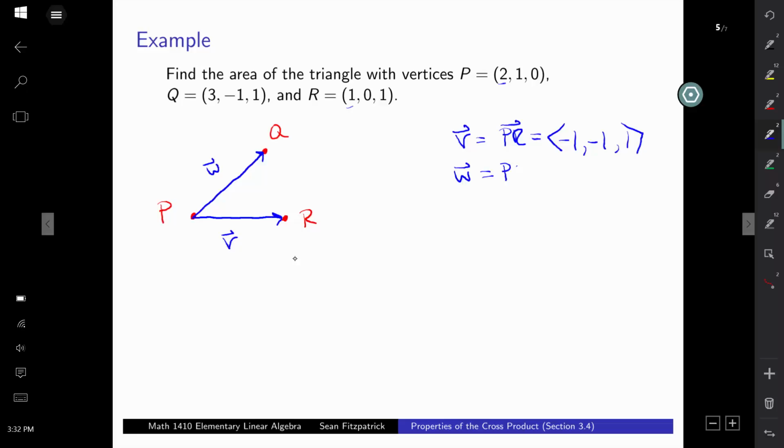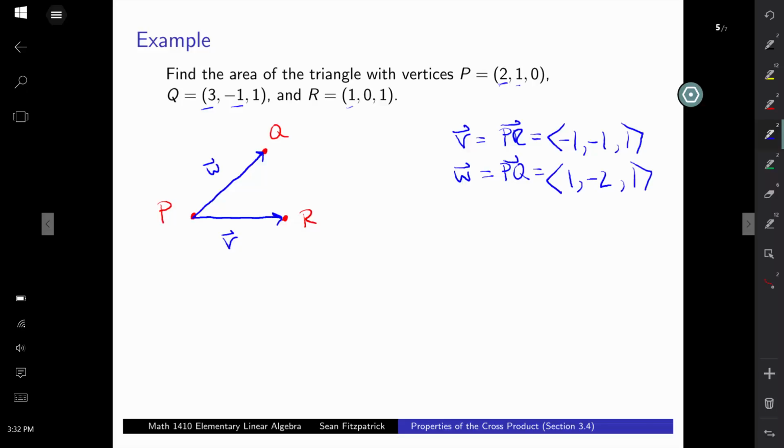W is PQ. So I do the coordinates for Q minus the coordinates for P: 3 minus 2 gives me 1, minus 1 minus 1 gives minus 2, 1 minus 0 gives me 1.